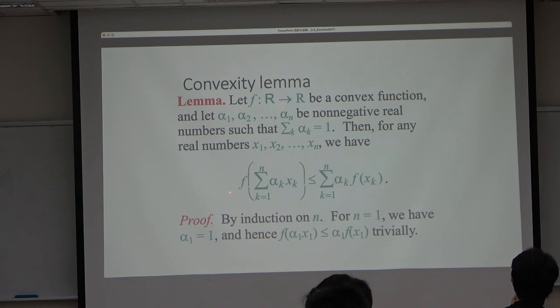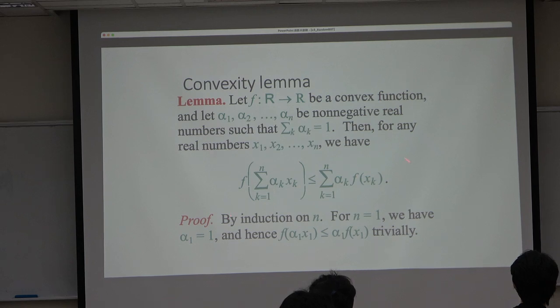You get the f value of the sum of these numbers, and this is guaranteed to be smaller or equal to, for each xk, the f value multiplied by alpha k, and you sum them up.